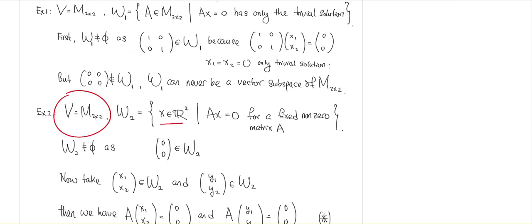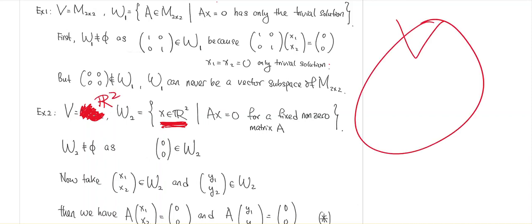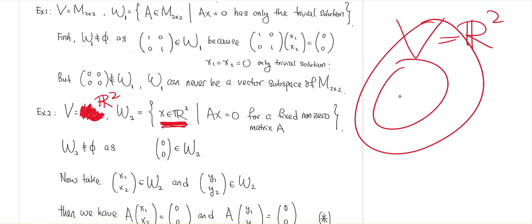W2 does not consist of matrices. Oh, right, I'm so sorry. In this case, V here is no longer M2 by 2, but R2. My bad. So now our V is R2, and our W2 is right here.